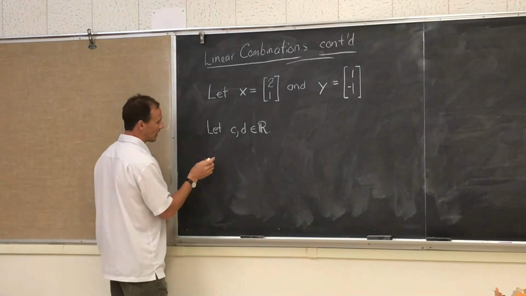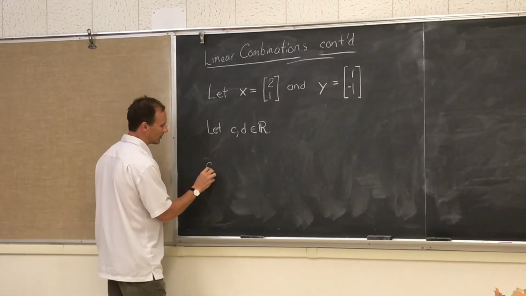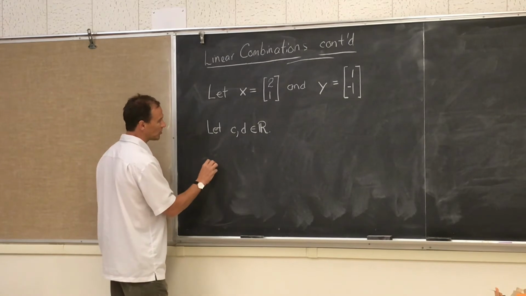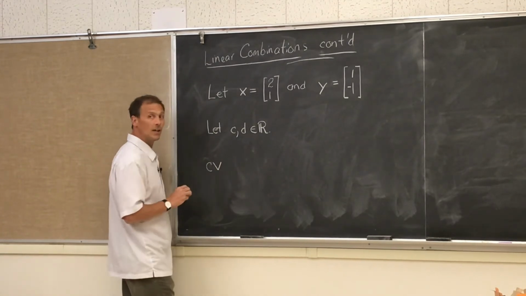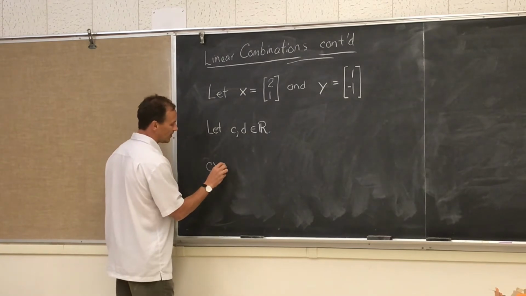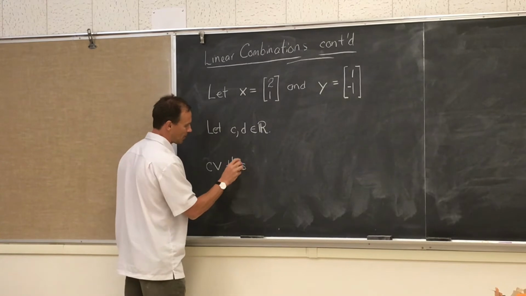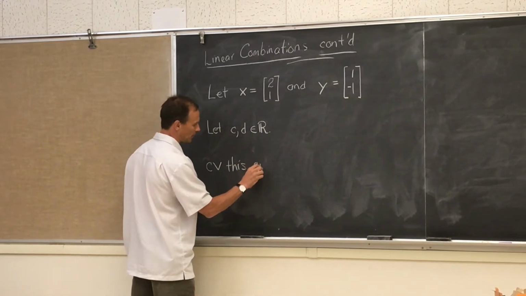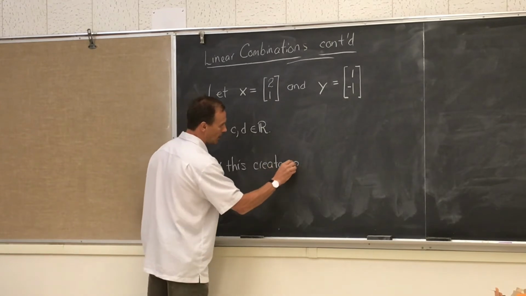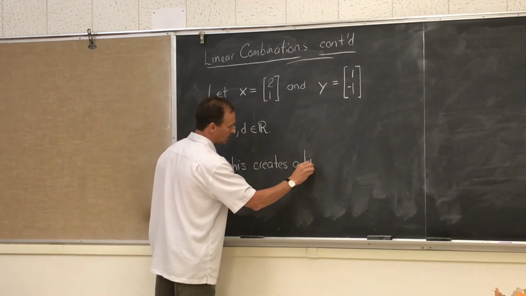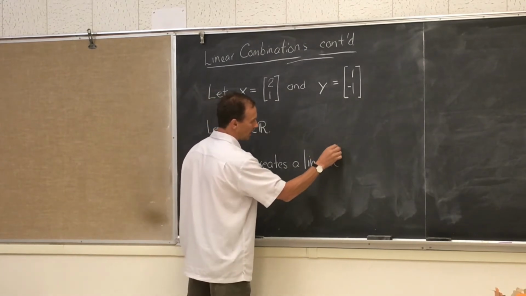Before I write that, if you recall in our last video, we said that if you take some scalar C and multiply it by some vector, any vector, we'll call it V, that this creates a line in any space. So we'll just say in Rn.